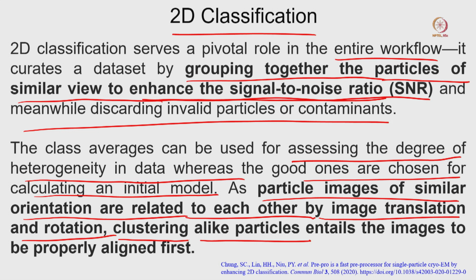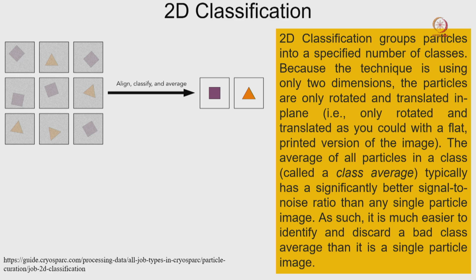I will give a very simple example. You have two different architectures, one is a triangle, one is a square. They have different movement, so they are not centered all the time. This one is in the center, but they have different positions.